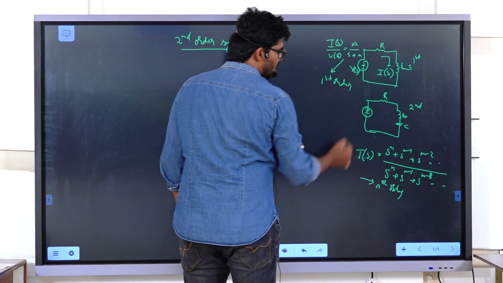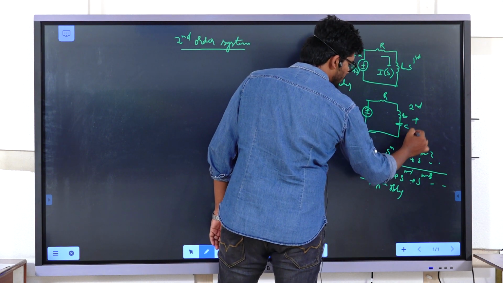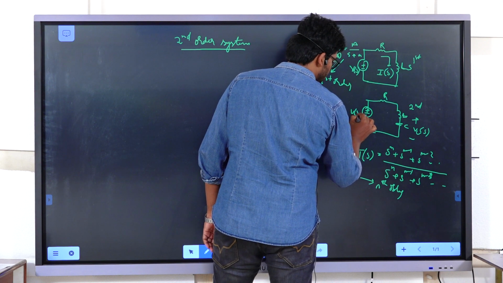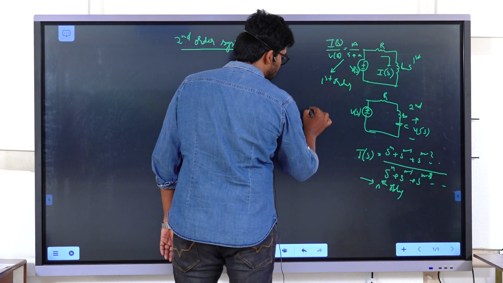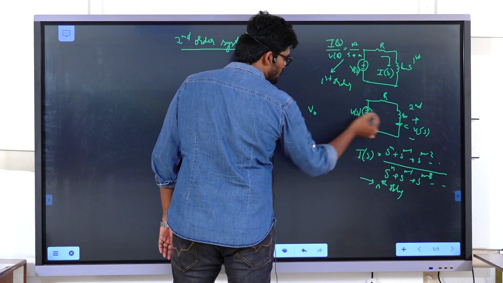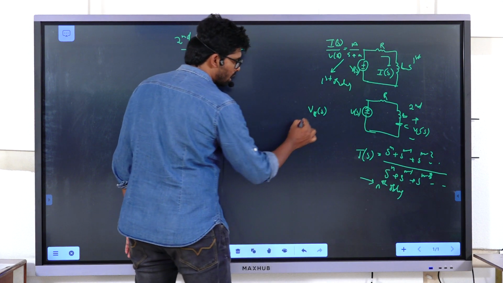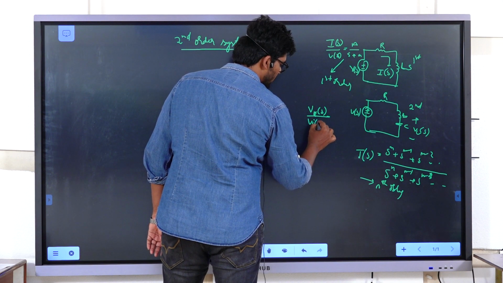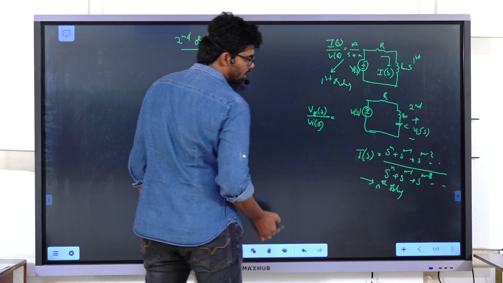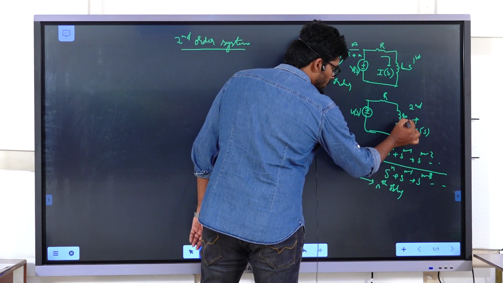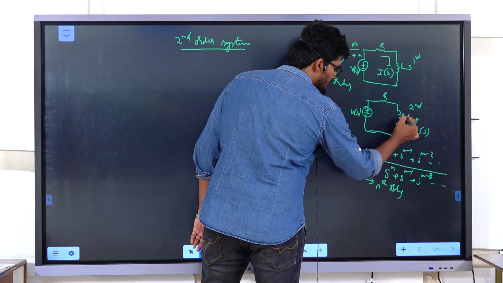Okay. In a similar fashion, if you want to find the voltage response, that is Vc of S, and the input is V of S, so the output is Vc of S and the input is the voltage source. According to the voltage division rule, if I transfer this into the Laplace domain, I take 1 by Cs and this is Ls.